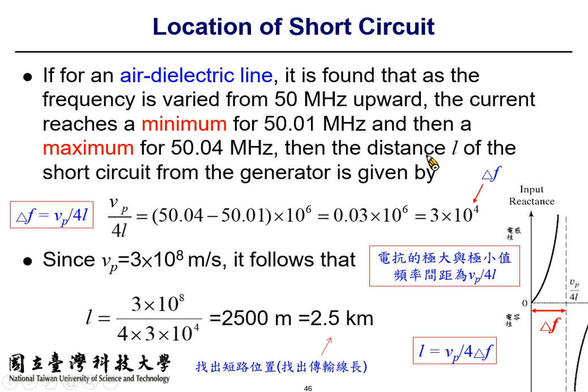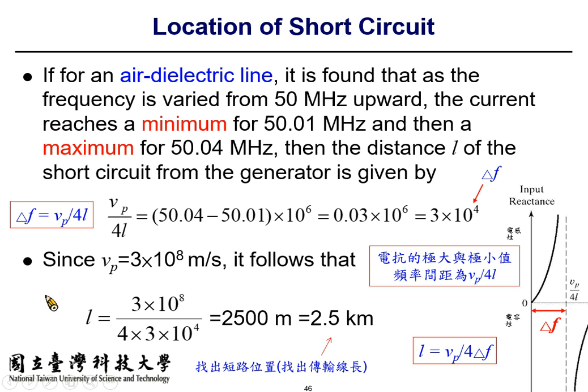So we need to determine the distance L of the short circuit line from the generator. So we simply substitute those numbers into these expressions. So the frequency difference between maximum current and minimum current is what? 30k hertz.